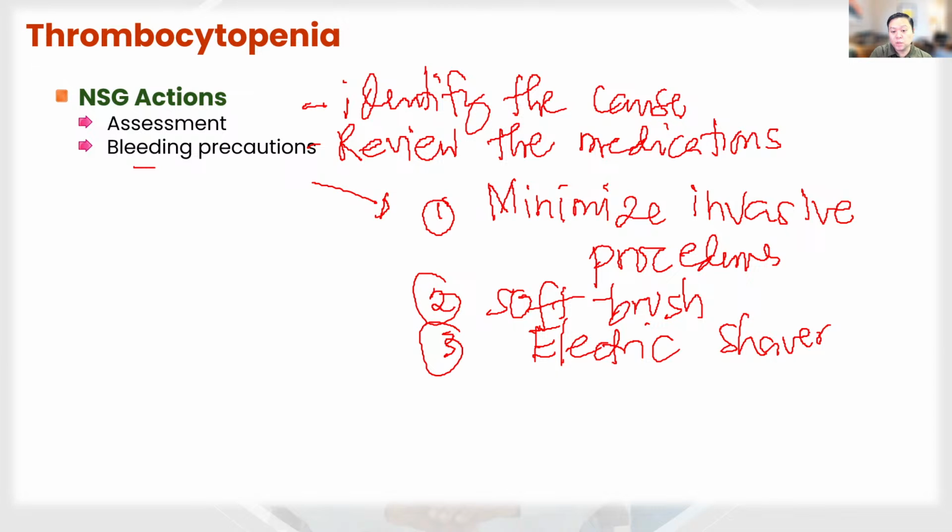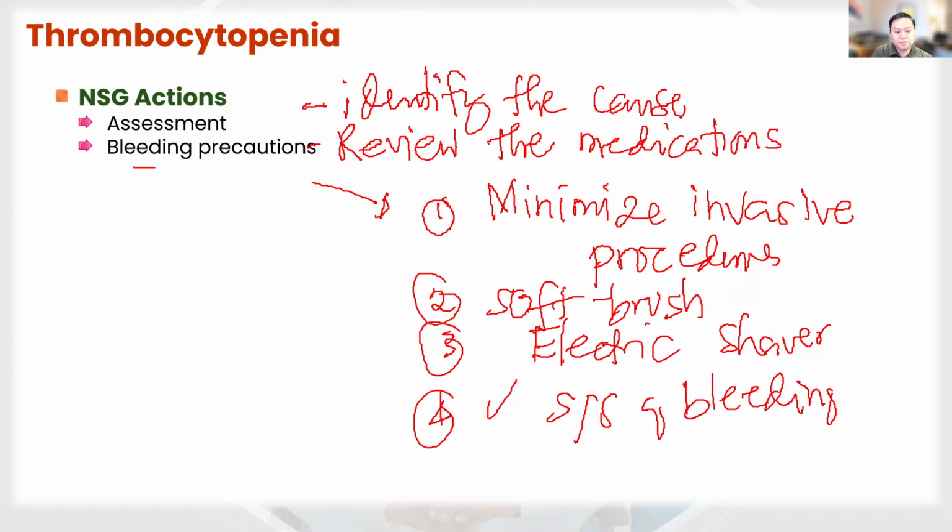That's one. And also from time to time, we need to evaluate for any signs of bleeding. Okay, so what would be those signs of bleeding? Check for manifestations of bleeding, such as hematoma, gum bleeding, epistaxis, could be blood coming out from the urine or stools. Those are the things that we should be doing.